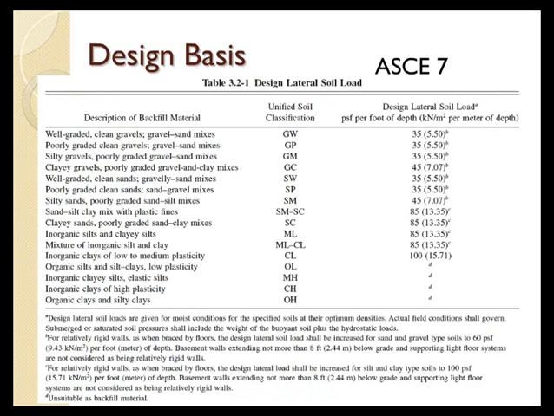One of the key things to point out is that although the tables are similar, they're not exactly the same. They do have slightly different loading criteria depending upon whether you're looking at the at-rest or active earth pressures. The general conclusion is if you're looking at ASCE 7, the loads in that reference standard are going to be a little bit more conservative or a little bit higher than what you're going to see in the IBC criteria for the same types of loading conditions or same types of backfill soils.